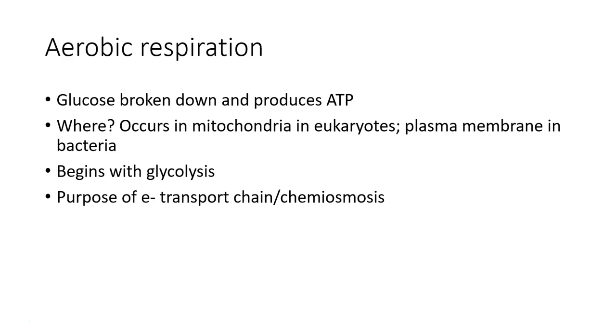So you'll notice at the end of aerobic respiration, there's an explanation of the electron transport chain followed by something called chemiosmosis. So what the heck is all that about? Those energy-rich molecules, NADH and FADH2, are then used to make more ATPs.